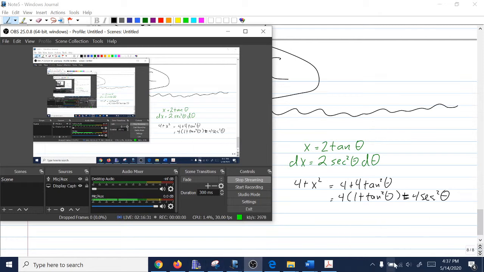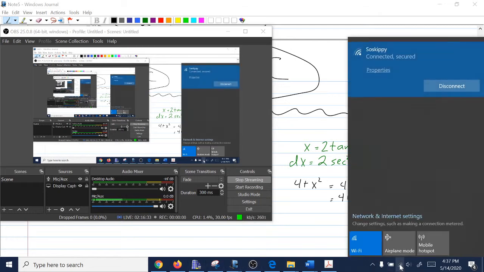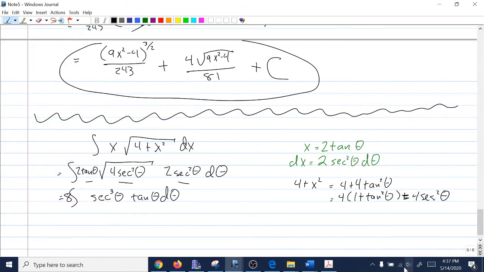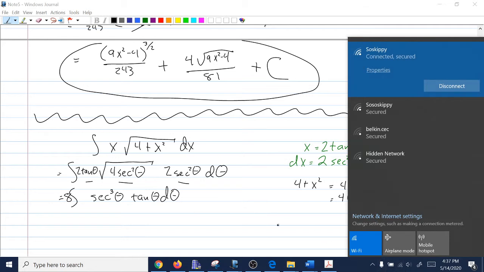Is my internet bad down here? Internet seems fine.